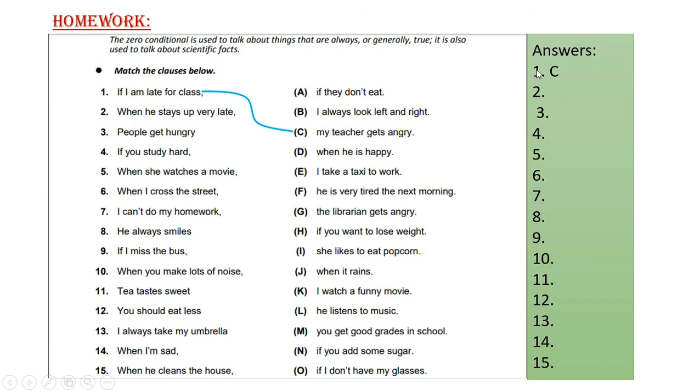For example, number 1, if you match it to C, you put number 1 is letter C. Number 2, if you think letter G, then you put G over here for me.